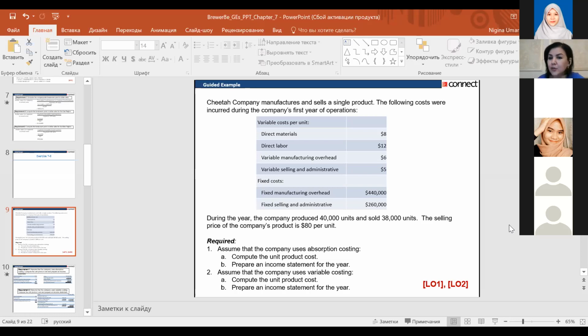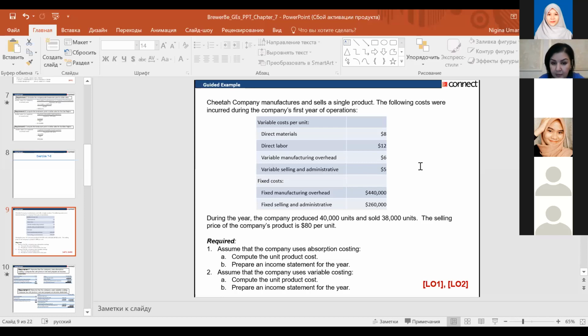Nurul, is it you? How should I calculate fixed manufacturing overhead per unit? 11. That's right. How do you know, Fabrianti? Fixed manufacturing overhead divided by the units produced. Yes, exactly. Very good.